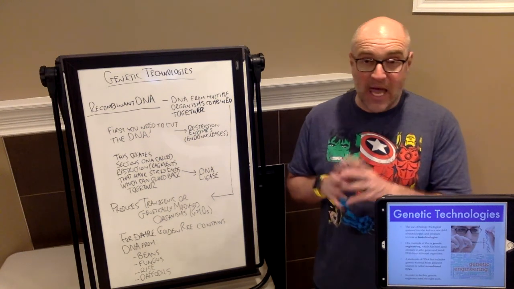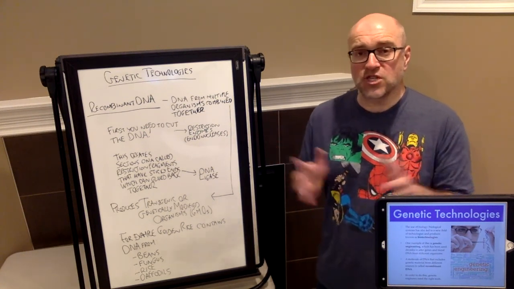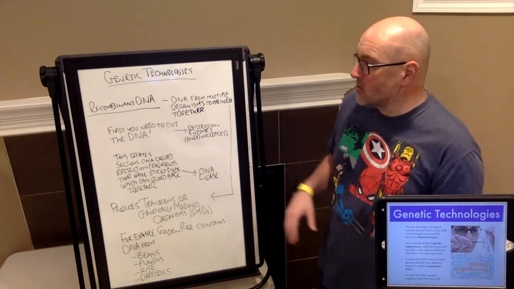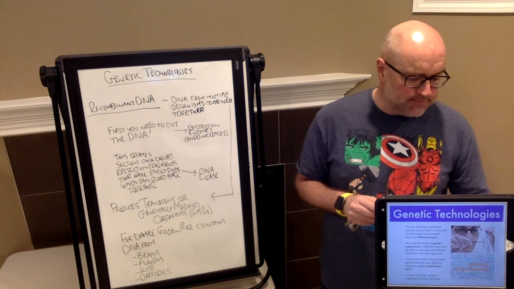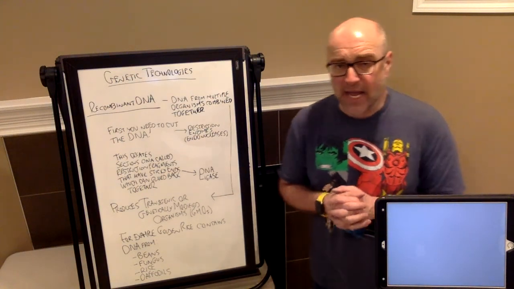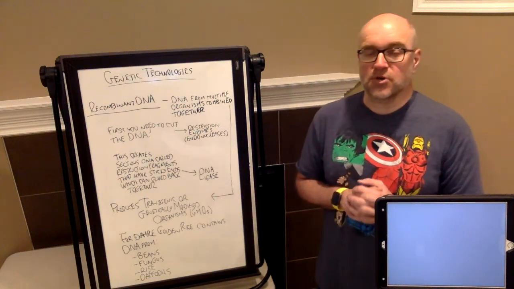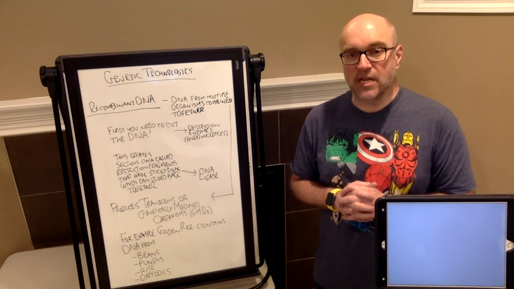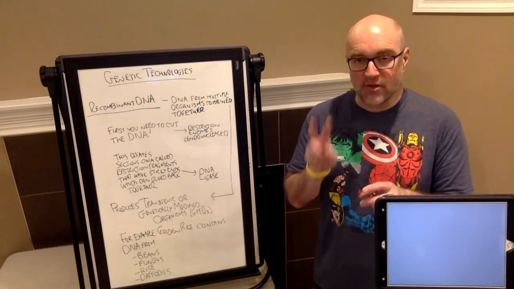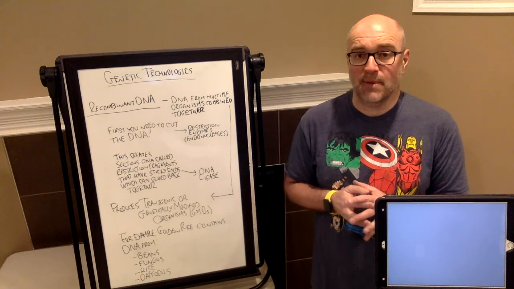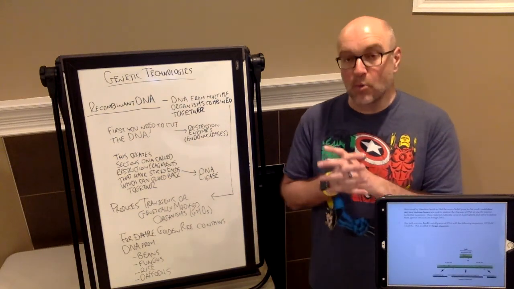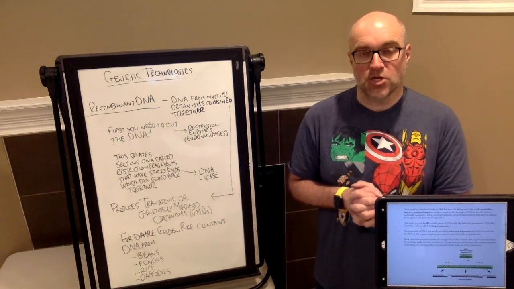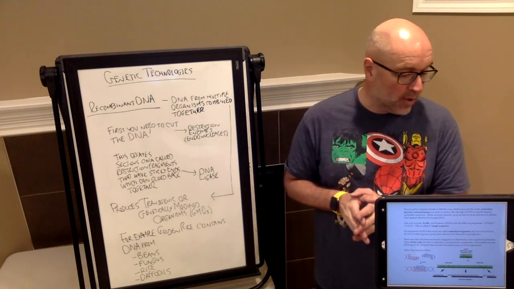The key to all of this genetic engineering, at least now, is creating recombinant DNA. Recombinant DNA, by definition, is DNA that is created by combining the genes or the DNA of at least two different organisms, and in some cases it can be multiple organisms, to create a genetically modified organism.